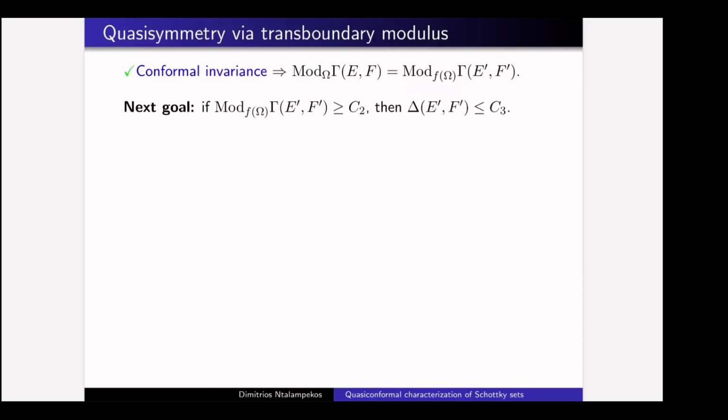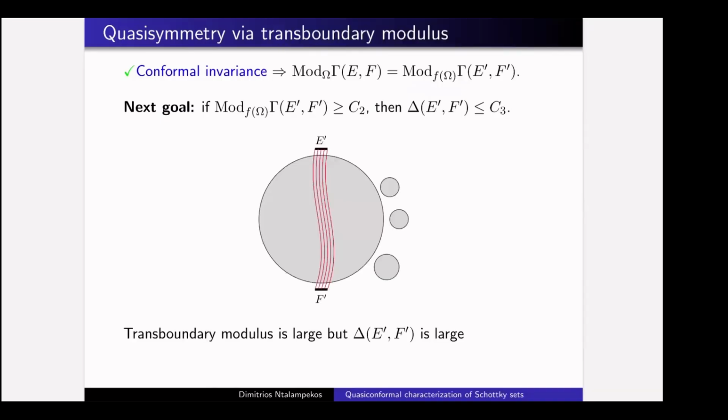And then we have to try to prove the final step, which is like the reverse Leibniz property. But unfortunately, this fails again. We can have a picture like this. We can have continua E prime and F prime that are small and far from each other, so the relative distance is large, but the transboundary modulus is large as well.